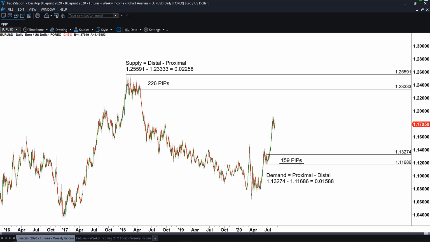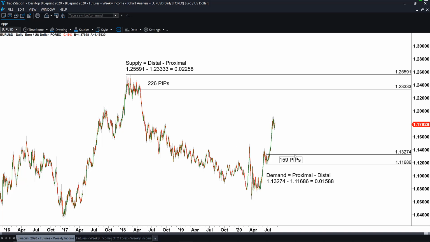Well, 159 pips, if you're trading this with a standard lot, then 159 pips could be $1,590 of risk right here. But it could also be $159 or $15.90. Okay. Now we know that for the Euro USD, the pip value is $10, right?